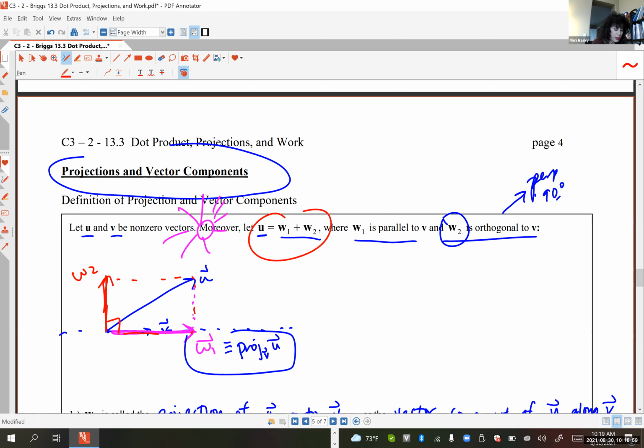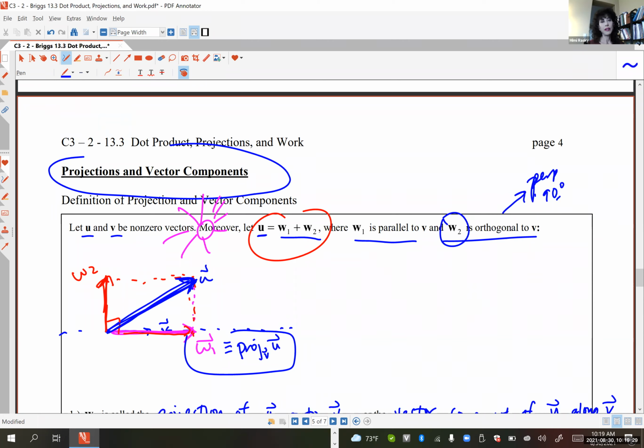If you think of W1 and W2 as adjacent side lengths of a parallelogram, and then the dotted lines here are the other sides of it. Well, that's a rectangle. Well, a rectangle is a parallelogram. And then the sum will be the diagonal of that parallelogram. So you want U to be a sum of the W1 and W2.